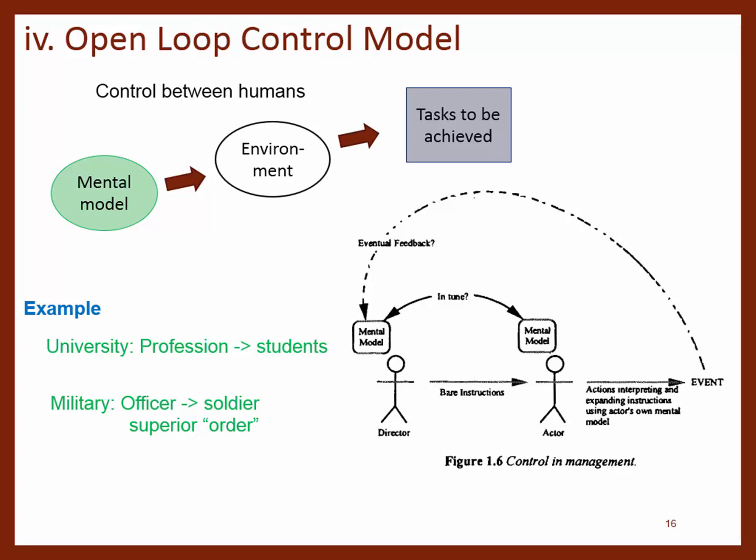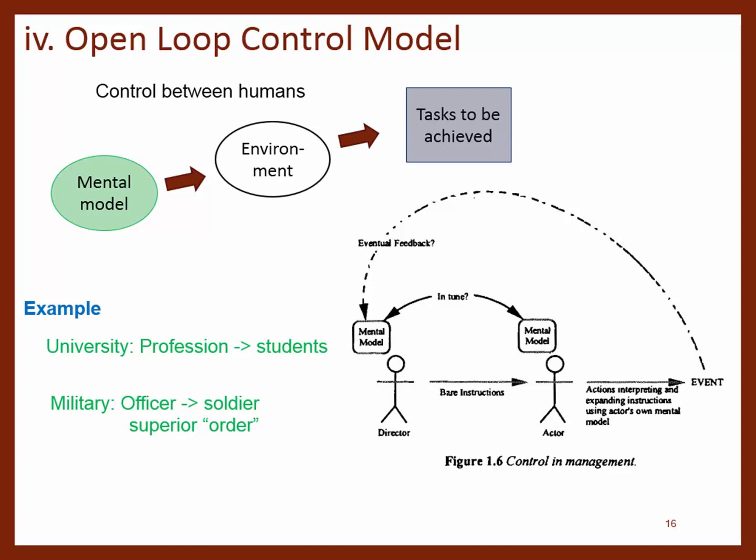The idea is the person who's providing you with the task has a mental model. He wants you to perform certain activities so you can achieve that goal that he has in mind. So the person, let's say the director, is going to provide you with the instructions in order to see if you can tune in with his mindset, meaning that you are capable of understanding what the goals are.